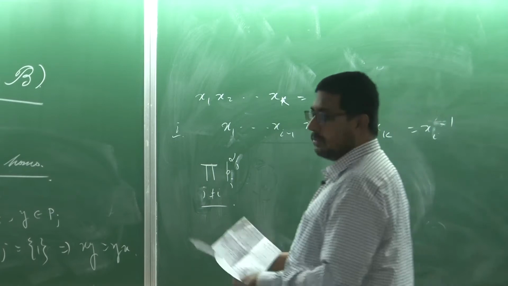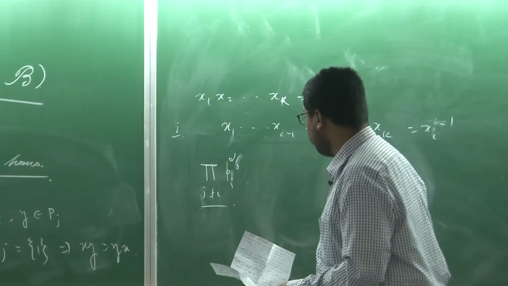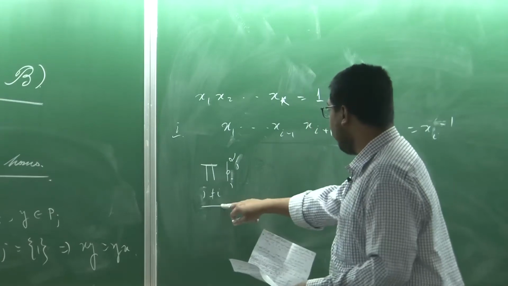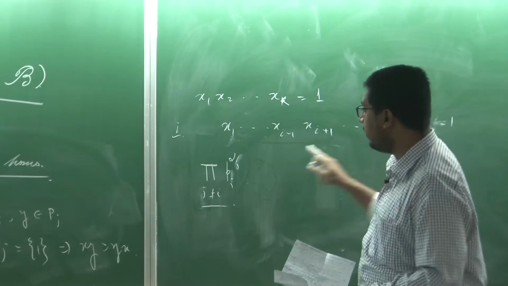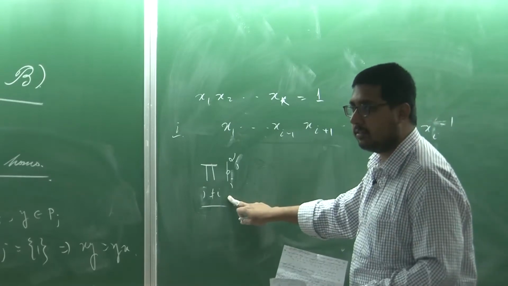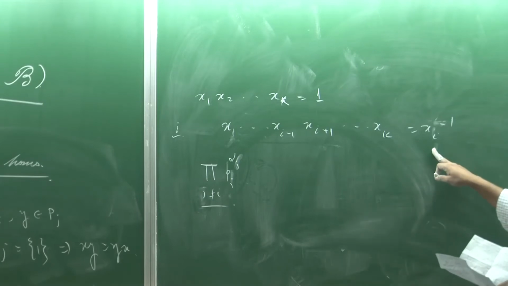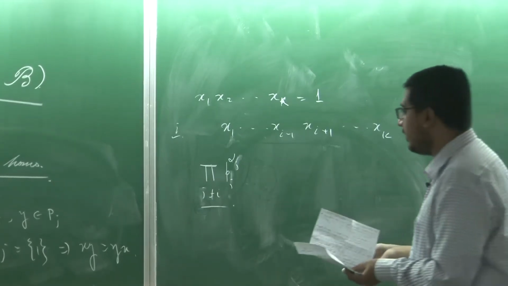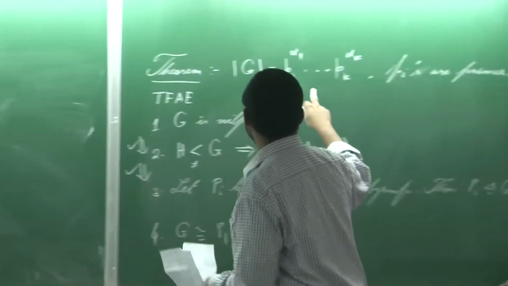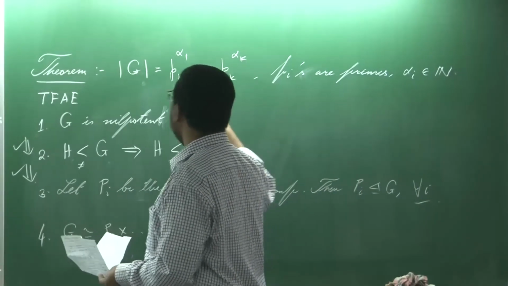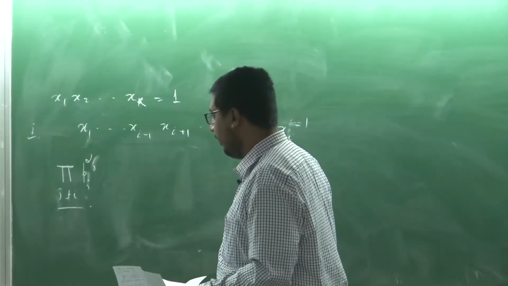Okay, so this is basically an immediate corollary of Lagrange's theorem. So the order of xi inverse must divide this, but there is a problem, because the order of xi inverse, which is the same as the order of xi, is a power of pi unless it is identity.